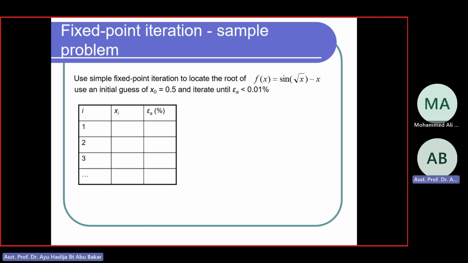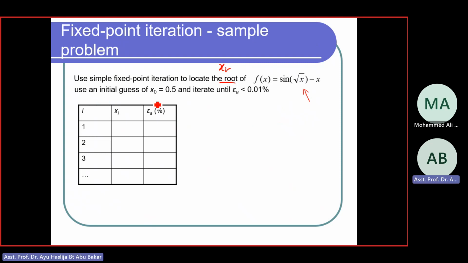Now we try to do this exercise, where it uses simple fixed point iteration to locate the root. Again, the root is xr when y equals 0, f(x) equal to 0. So it gives you this equation.